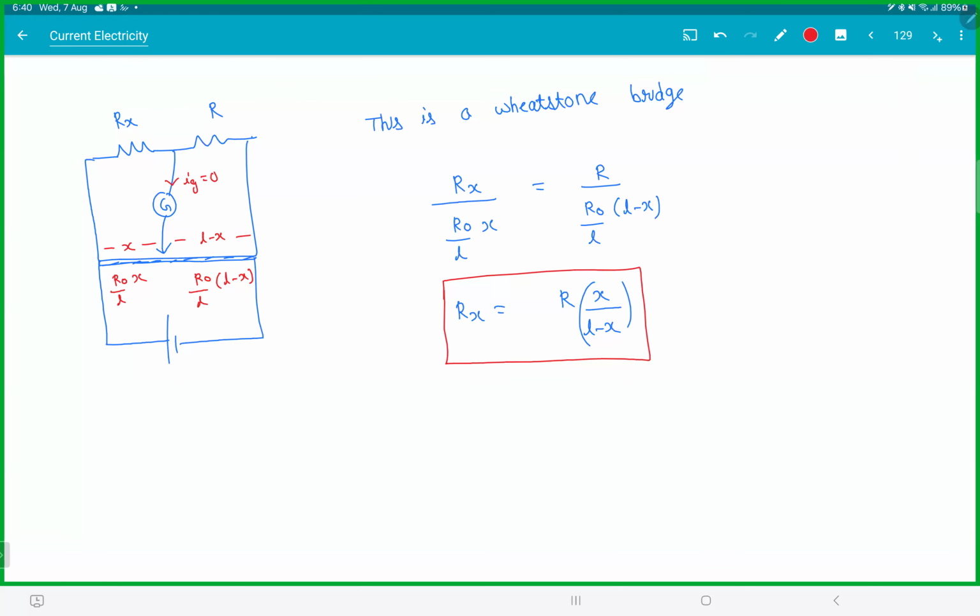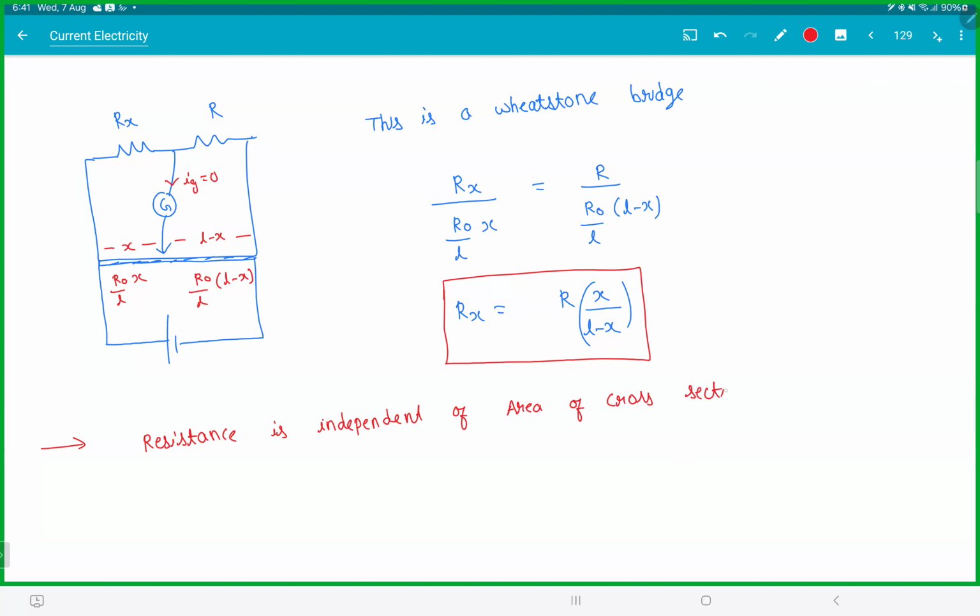So here there is one thing they'll ask you. Few questions they can ask you. So the reading, the resistance, is independent of the area of cross section of the wire, because it will cancel out anyway, because what you want is resistance per unit length.